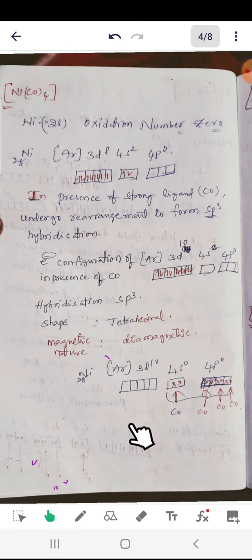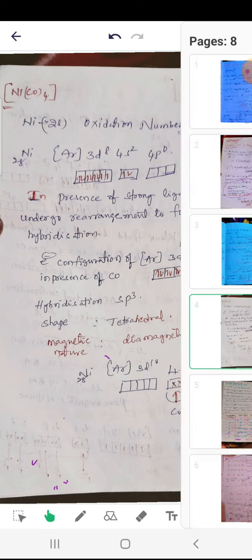So for nickel 28, argon 3d8, pairing takes place and the 4s electrons come to the d orbital. So nickel is argon 3d10 4s0 4p0. This is finally the structure of nickel tetracarbonyl.